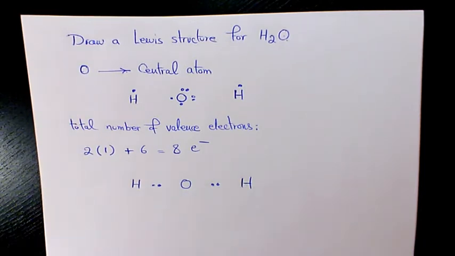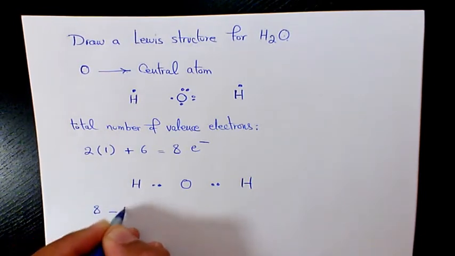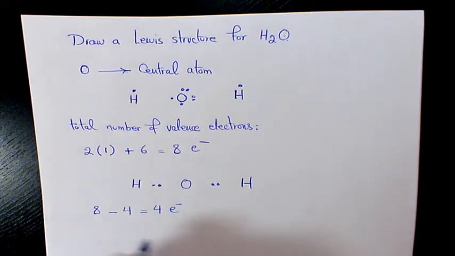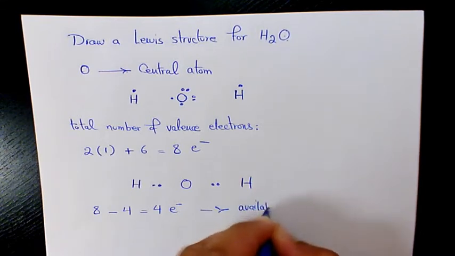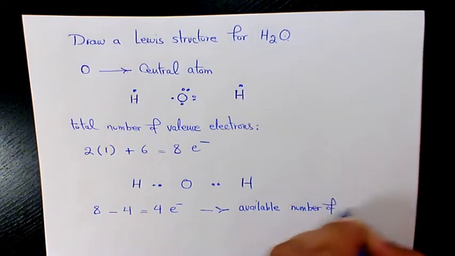So after that, we need to find out how many electrons are still available. So it's going to be 8 minus 4. It's going to be 4 electrons available.